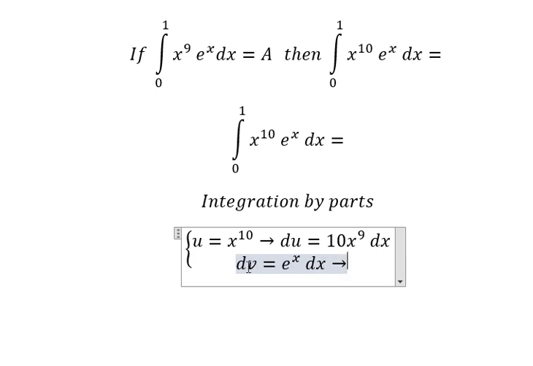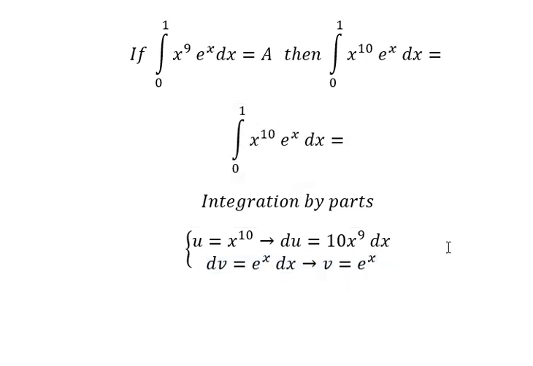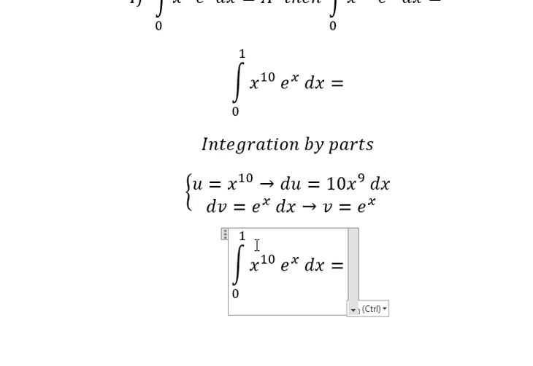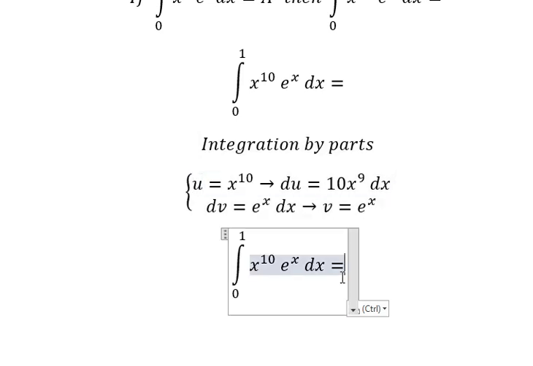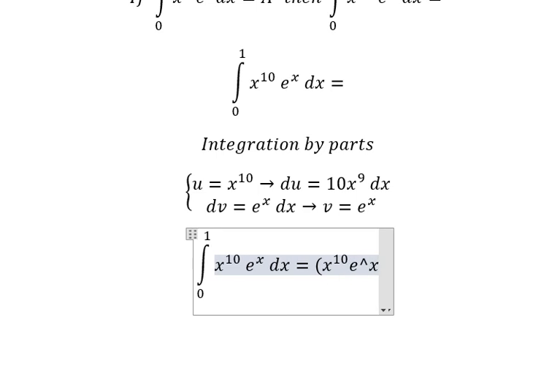So the integration of this one, we have v equals e to the power of s. So we have u multiplied by v, and we put the bounds from 0 to 1.